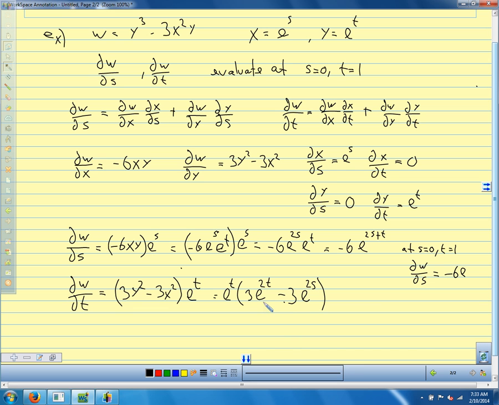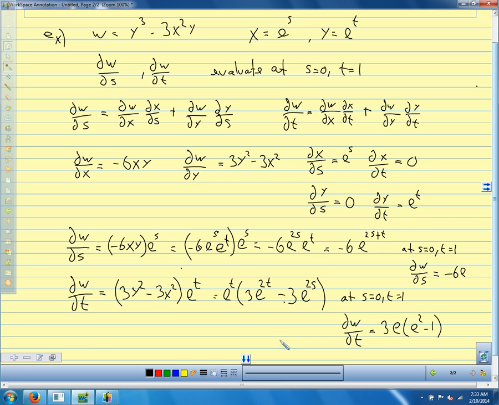And then I substitute at s equals 0, t equals 1. My partial of w with respect to t becomes 3e times e squared minus 1. So I've factored out my e.